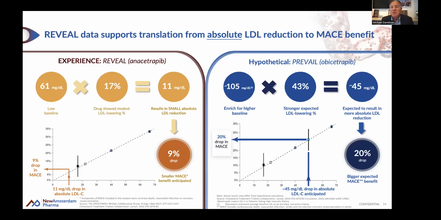In our trial, we have a baseline LDL of roughly 105 milligrams per deciliter on high-intensity or maximally tolerated statins, and, as I'll show you from the phase 2 data, a much greater LDL lowering effect of 43%, which correlates with roughly a 45 milligram per deciliter drop in LDL. That should translate into a larger relative risk reduction.